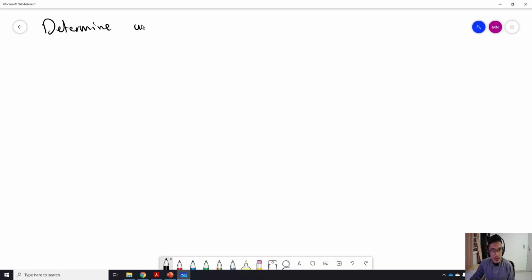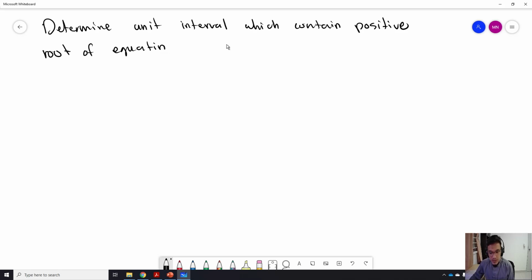Okay, now let's look at our next example. It is to determine the unit interval which contains the positive root of the equation 2x squared minus 3 equals 1 over x.